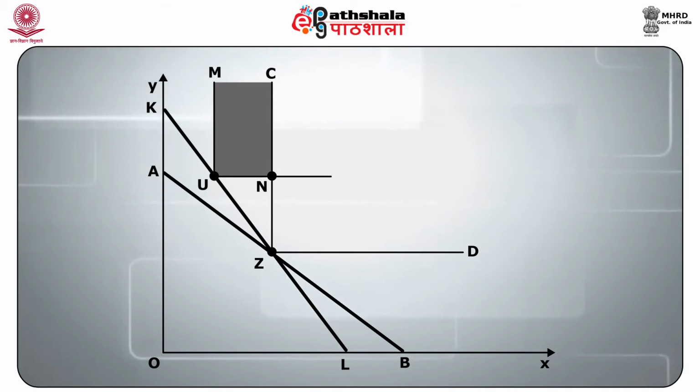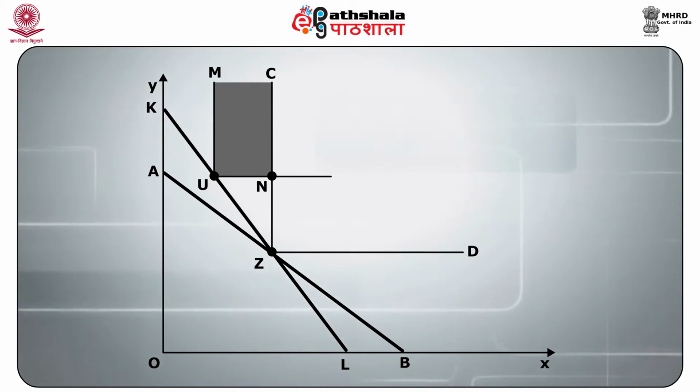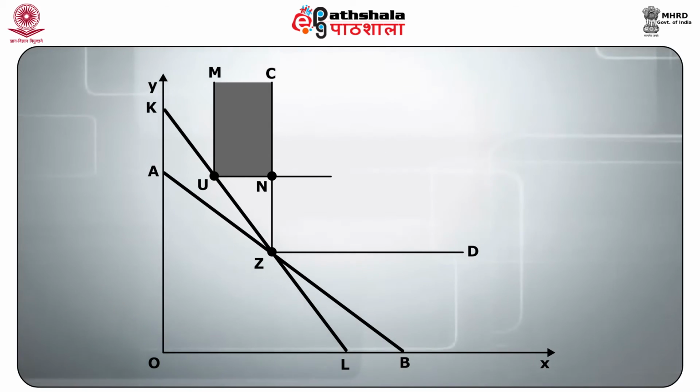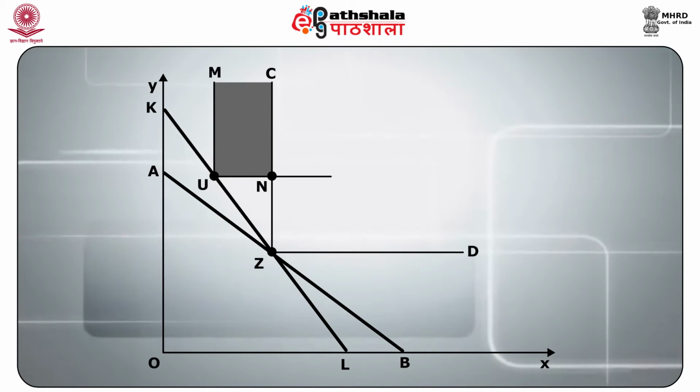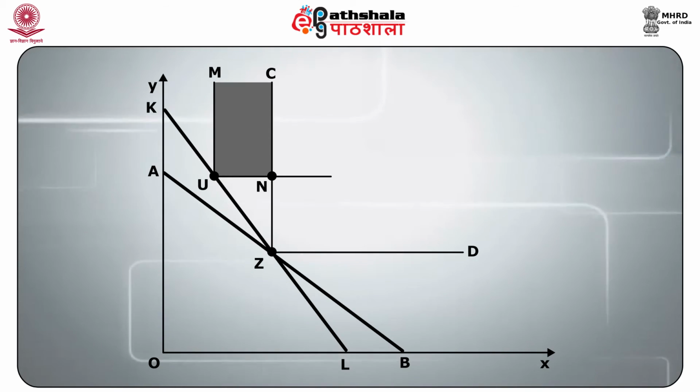The consumer will either stay at Z or choose a point such as U on KL given in the figure.